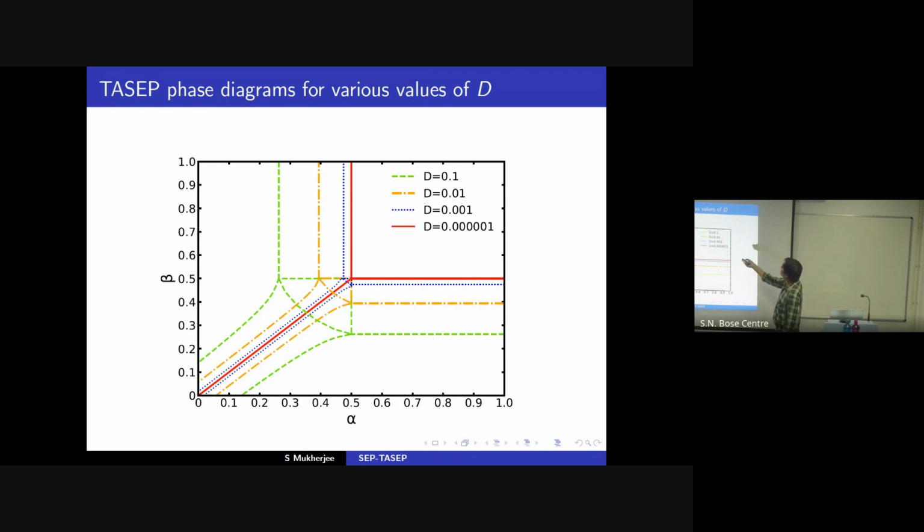So if you plot the phase diagram by decreasing the value of D, at one stage, at this value of D, you see there are no mixed phases, only pure phases. So you can see the model makes a crossover from the LK TASEP to TASEP dynamics from the inspection of the phase diagram.